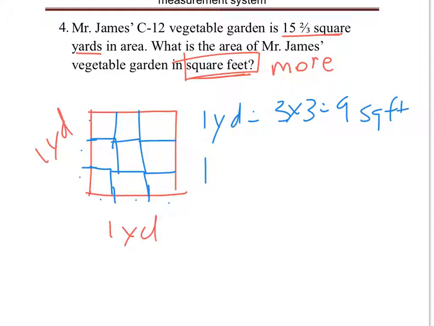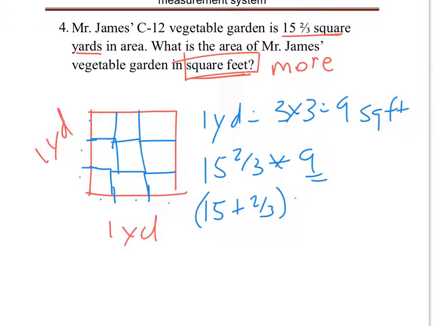So then we just say 15 2/3 times 9. And with this one you can change it into 15 plus 2/3 times 9, because we're just multiplying by a whole number, times 9. So that's 15 times 9 plus 2/3 times 9.